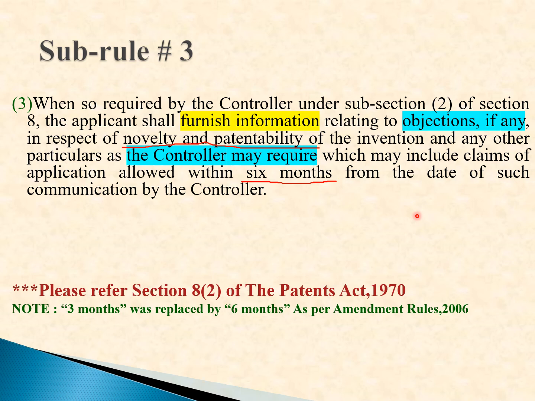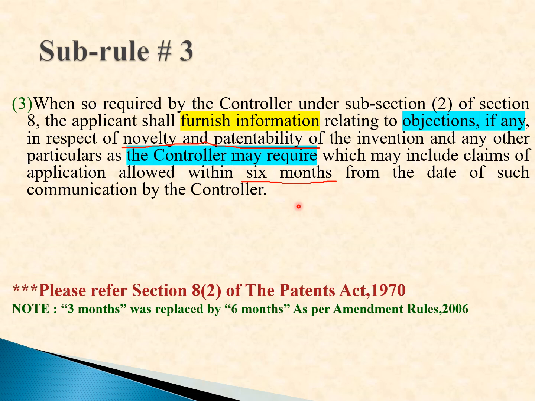If there are any objections, then related to that the applicant shall furnish information with respect to novelty and patentability of the invention and any other particulars as the controller requires, which may include claims of application, allowed within 6 months from the date of such communication by the controller.